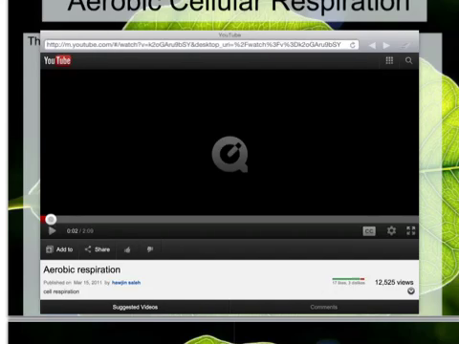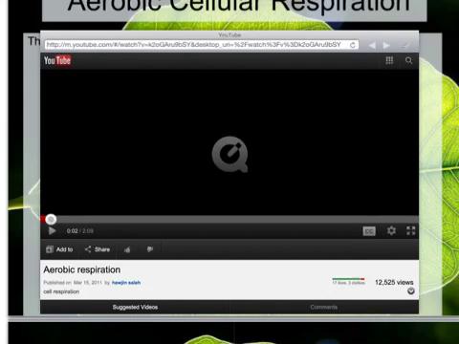This process releases energy, which the cell stores in the chemical bonds of ATP. The first stage of aerobic respiration, glycolysis, occurs in the cytosol, the jelly-like part of the cytoplasm. Glycolysis breaks each molecule of glucose into two molecules of pyruvate, energizes two electron carrier molecules, and produces two molecules of ATP.